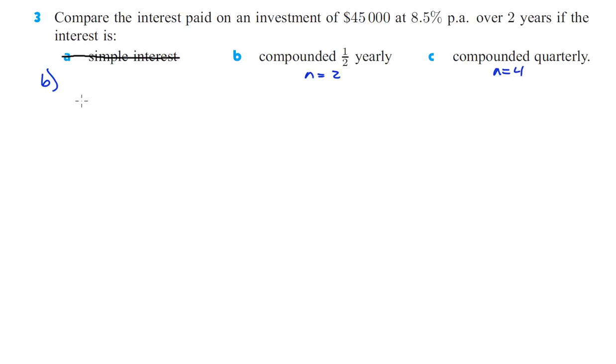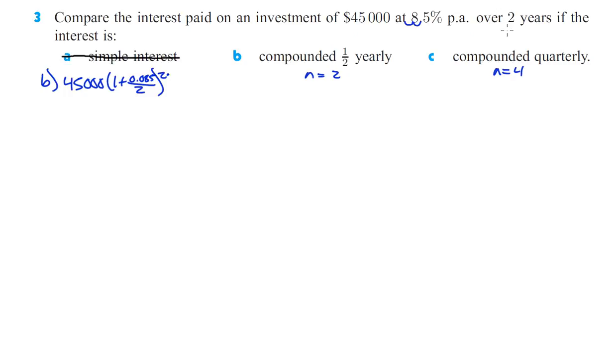Okay, so let's do part B. So the original investment is 45,000 times 1 plus 8.5 as a decimal is 0.085 divided by, excuse me, the number of compounding periods. So that's every half of a year, so that's going to be 2 times per year, and that 2 also goes up there.